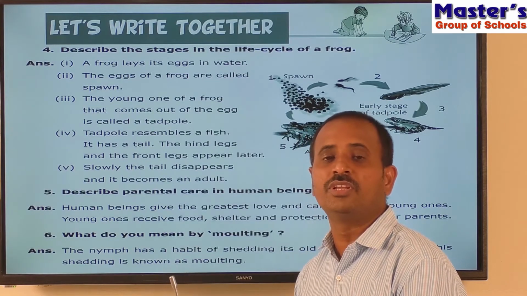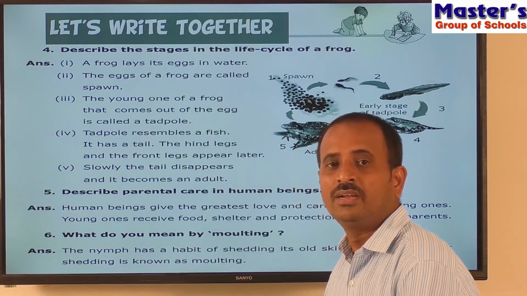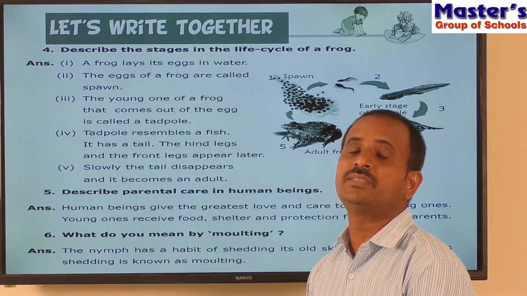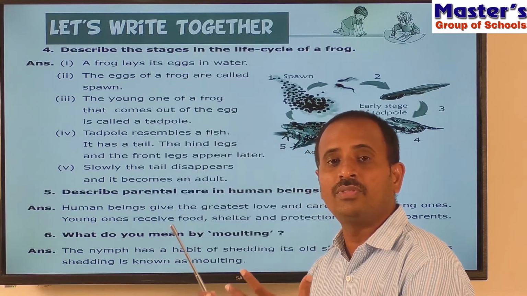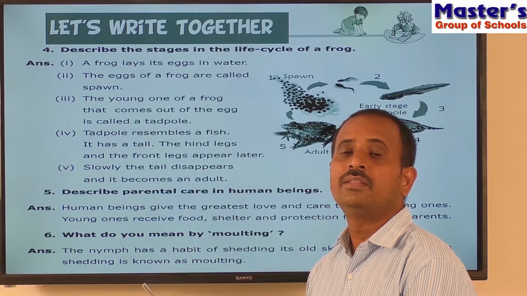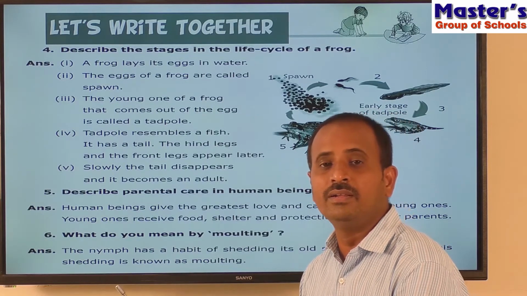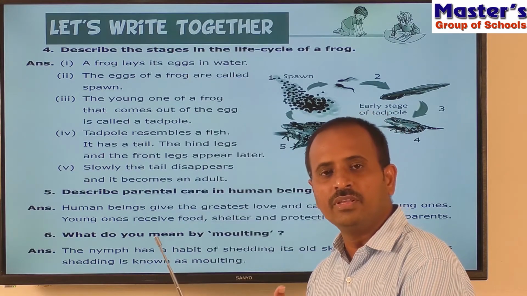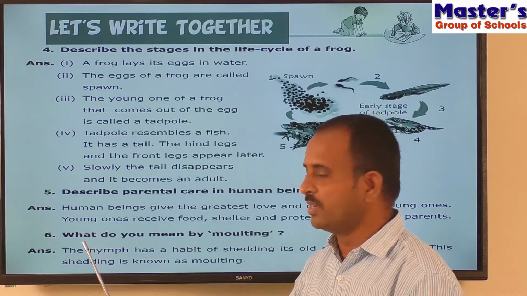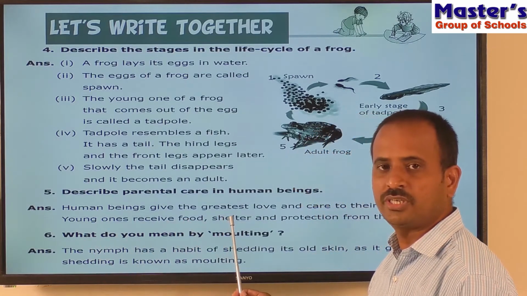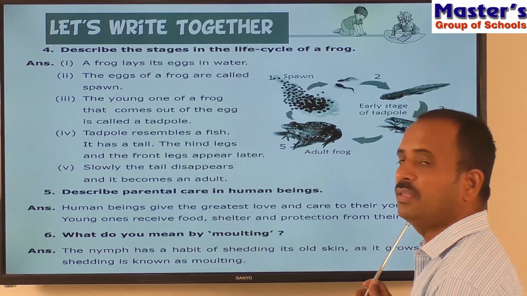The human beings will give food, shelter and protection to their young babies until they grow into adults, until they have the capability of getting their own food and of living by themselves. So children, the young ones also receive food, shelter and protection from the parents.